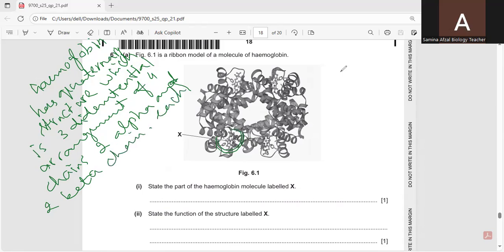Each chain has one heme group. So this X is the heme group.